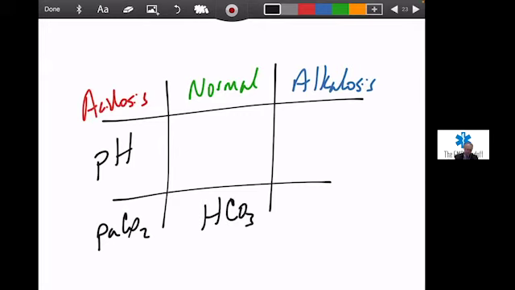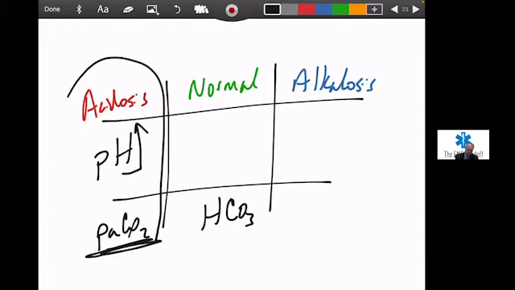So it's here. So this is associated with the respiratory system. pH is under the acidosis. So this is respiratory acidosis. Okay, respiratory acidosis. And this is known as acute or uncompensated respiratory acidosis.